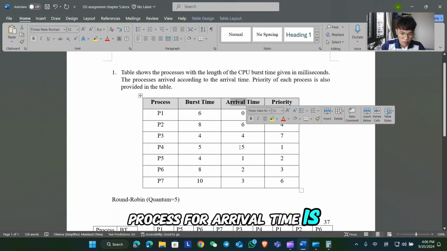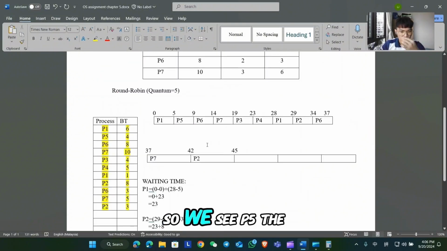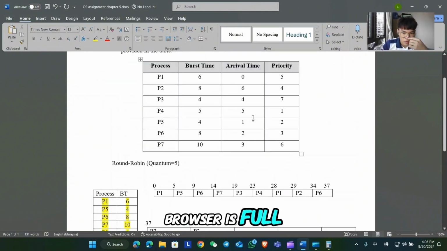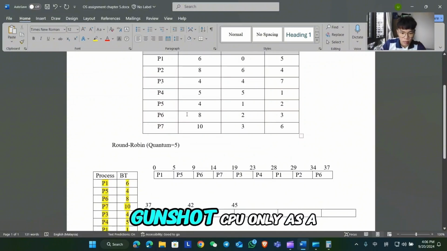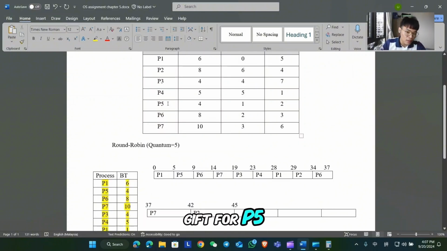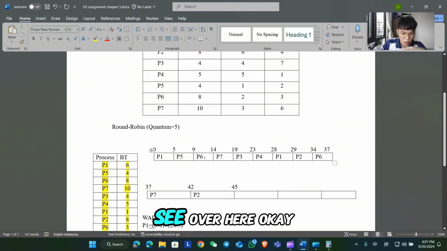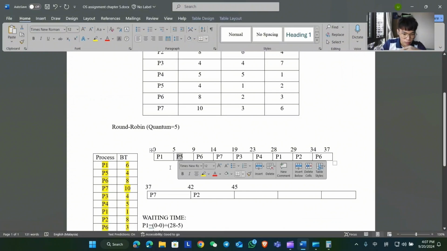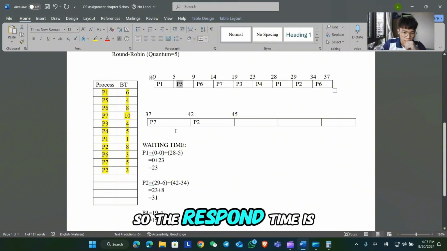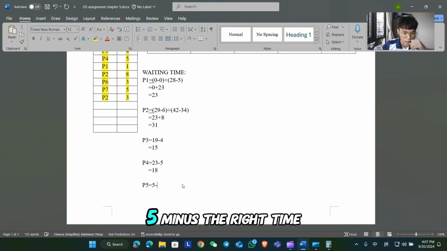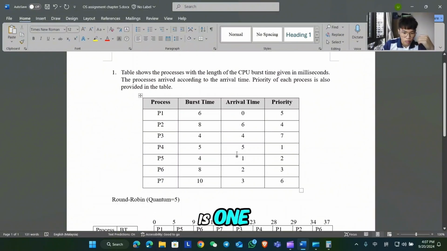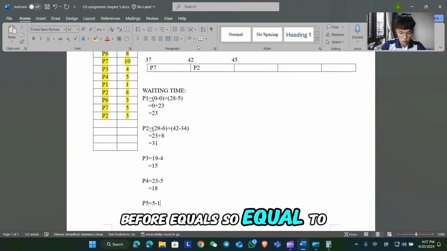Then P5, whose burst time is 4, is also executed by the CPU only one time. So the response time is 5 minus the arrival time of 1. So it is equal to 4.